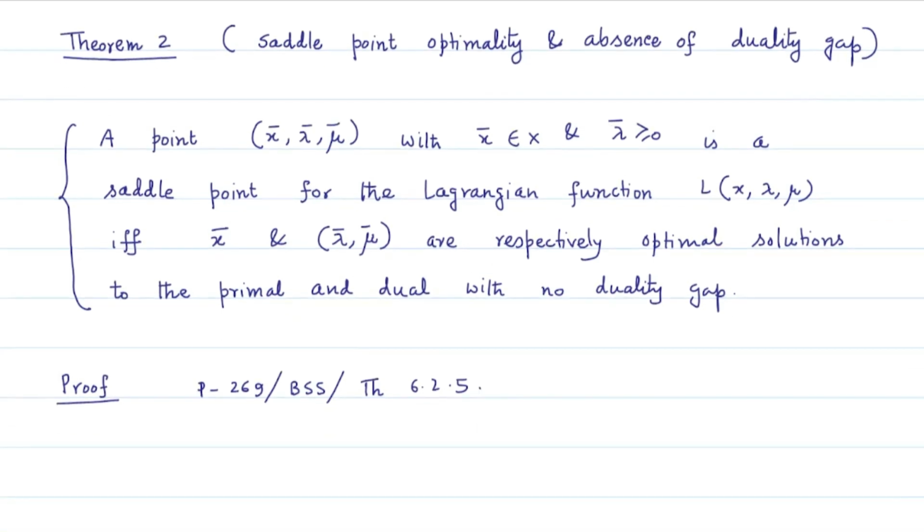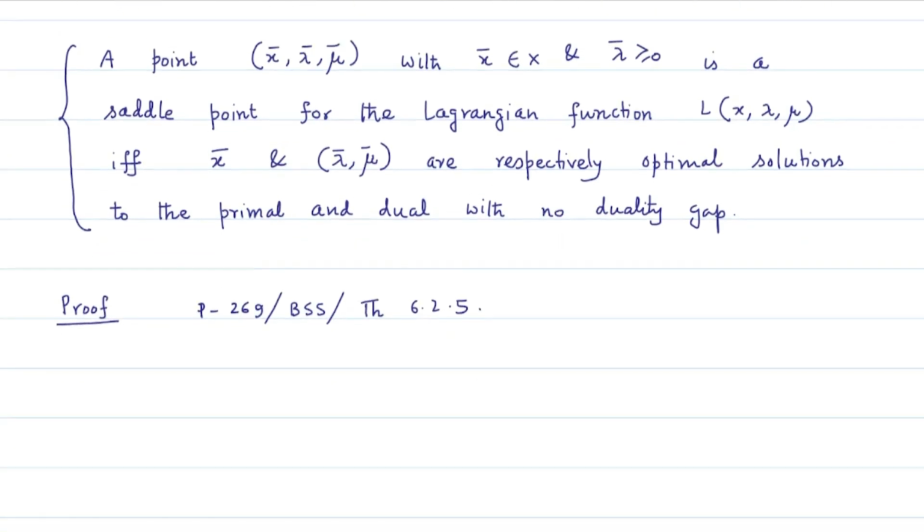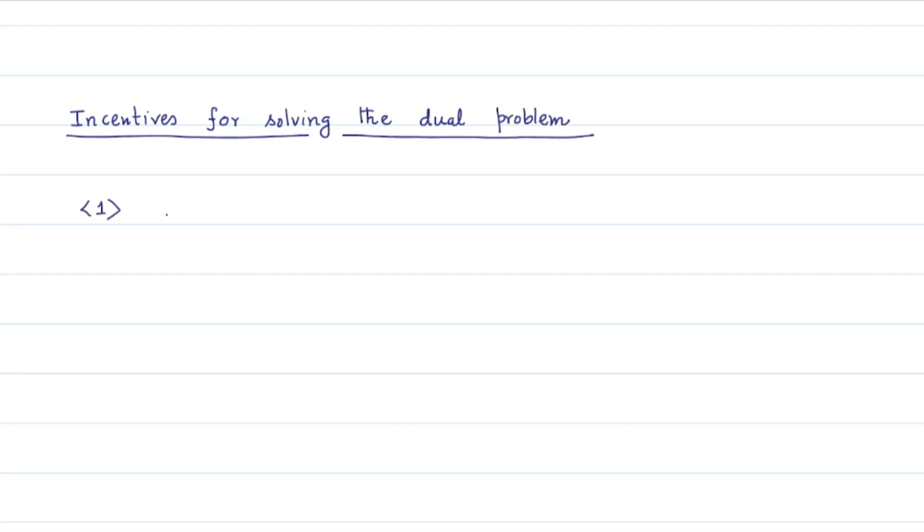With this result of strong duality, let me now go for wrapping up this lecture. But before stopping, as we have discussed a bit about the Lagrange duality theory, it is worth reflecting on the possible incentives for solving the dual problem in place of the primal. The incentives are as follows: the very first, a very attractive point, is that the Lagrange dual problem is a convex optimization problem.